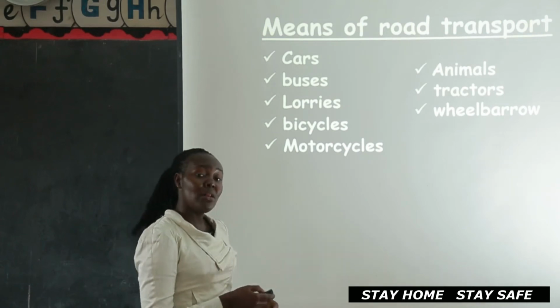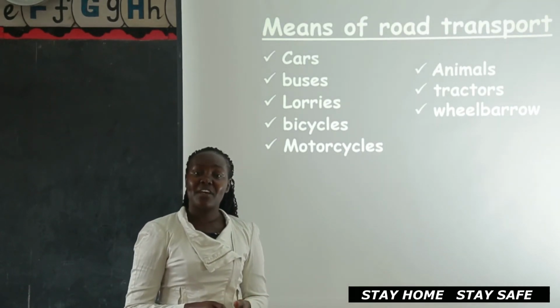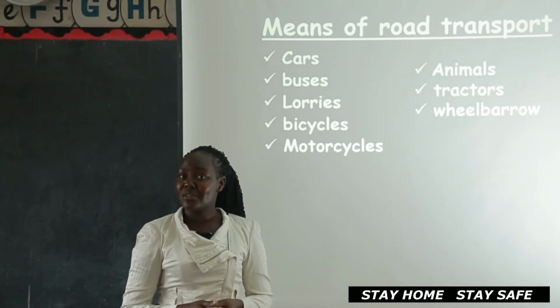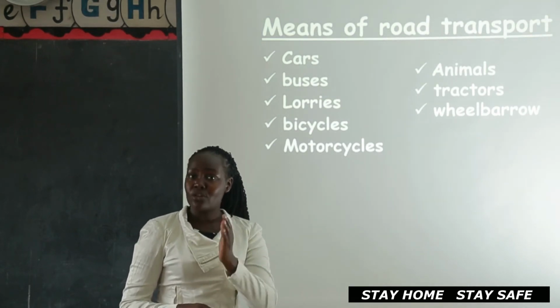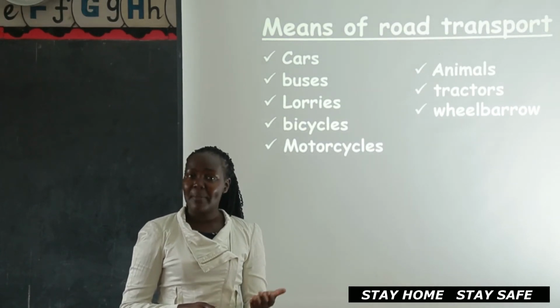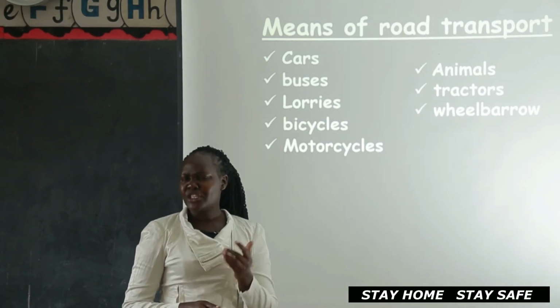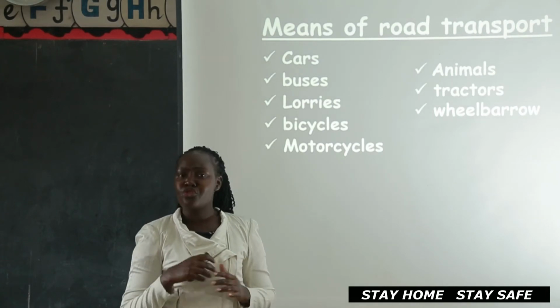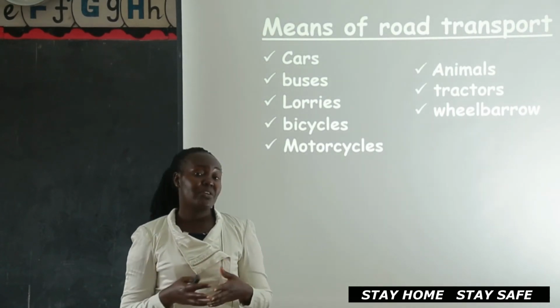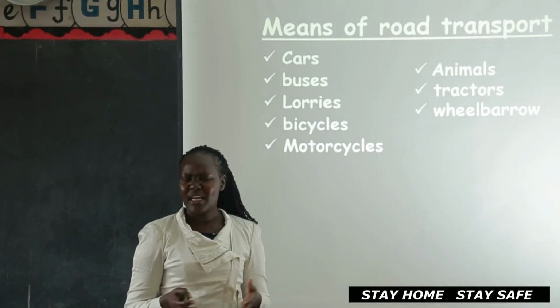We have the animals. Are you aware that we have some animals and they are used as means of transport? And these animals can also move on roads. That makes them to be part of the means of road transport. Which animals have you ever seen moving on roads and they are transporting goods, transporting people? Which animals?